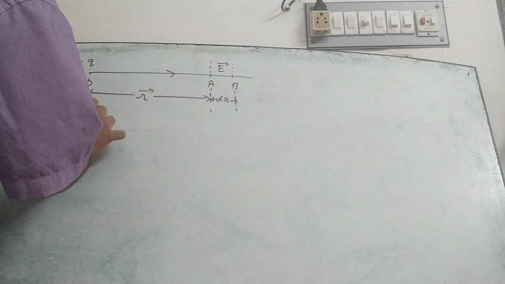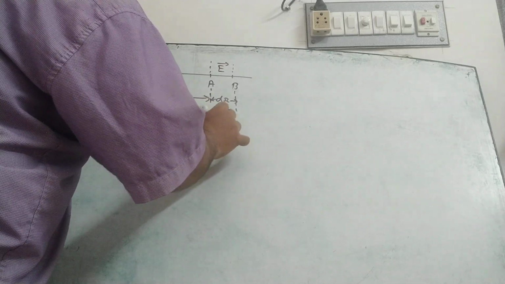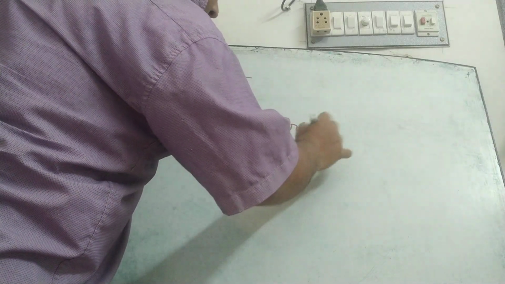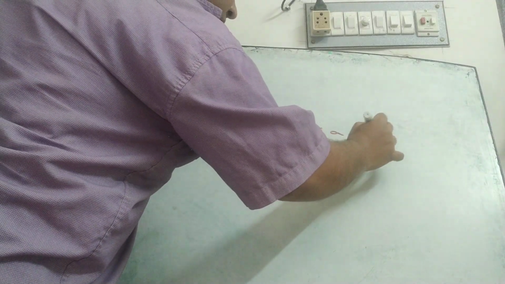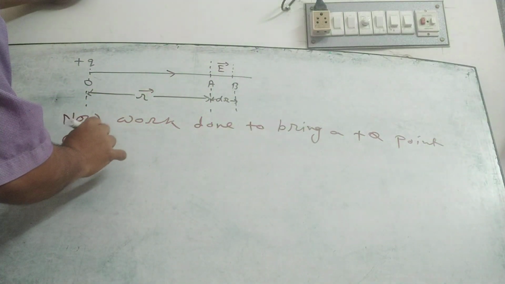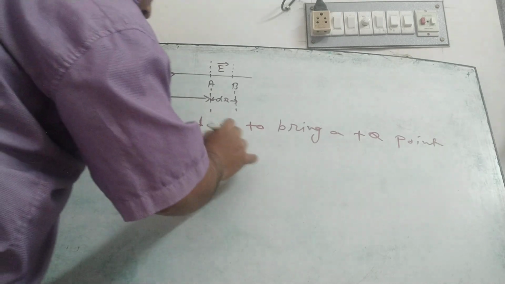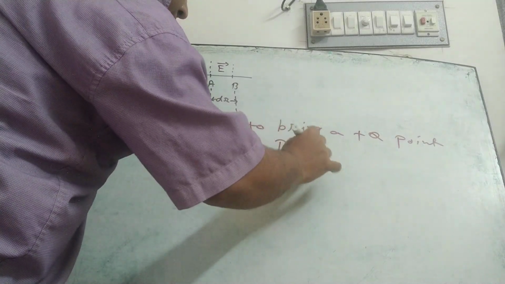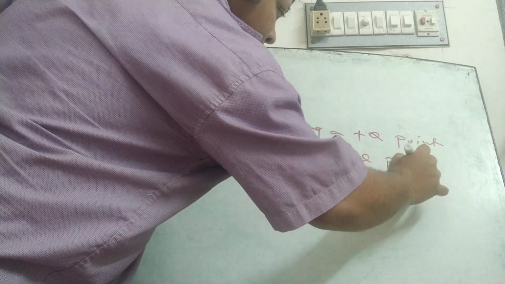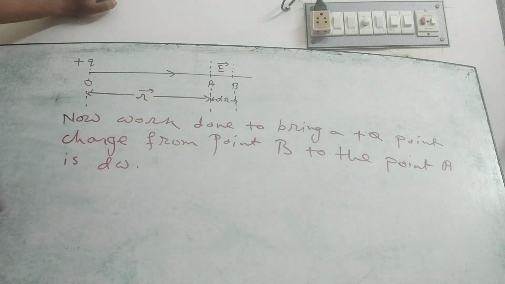Now, the work done to bring a plus q point charge from point P to the point A is dW.